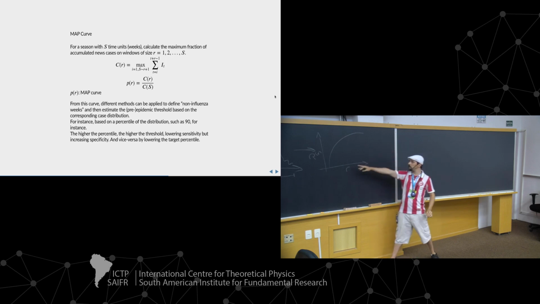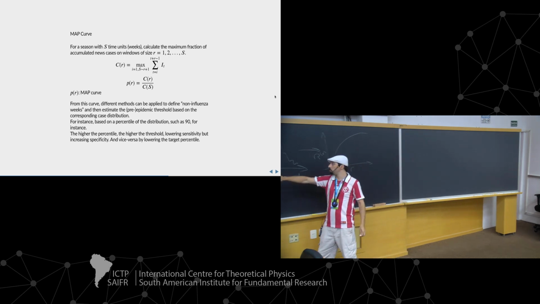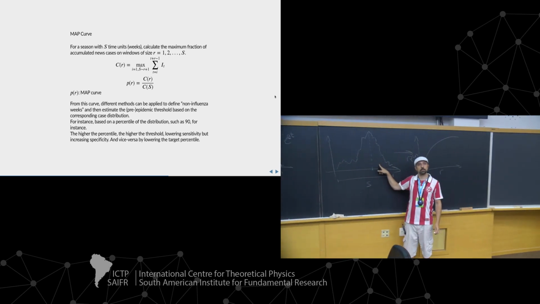Of course, in the beginning, any small change in window size might lead to a strong increase in my percentage of accumulated cases, but as my window sizes get bigger and bigger, the difference from adding 1 or 2 weeks to my window size shouldn't matter that much, right? If my season looks like this.